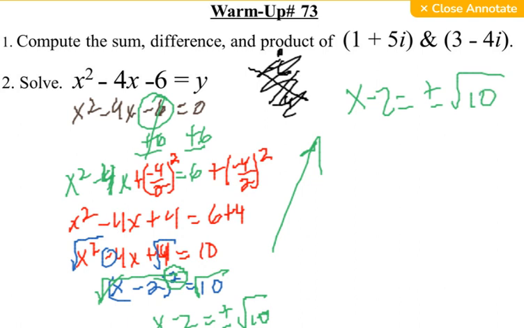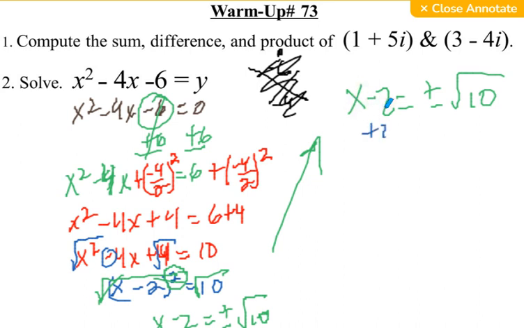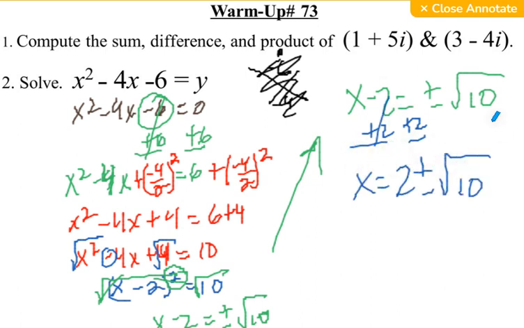Frida. Add 2 to both sides, so we end up with x equals 2 plus or minus square root of 10, and those are my solutions. That is exact. If I was to ask you for an approximate, we would find the decimal equivalent of square root of 10. Pretty good. All right.